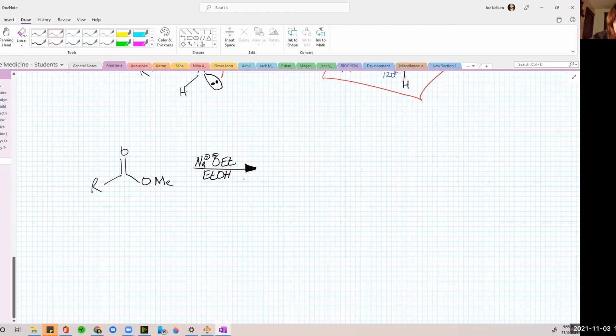Like from this first step right here. The negative charge on the O would want to hit the alpha carbon. So the alpha carbon, just FYI, would be this one. Oh, right, because it's next to it. Not the carbonyl. Yeah, the first carbon, the one that has the double bond with the O. So it's just going to be the carbonyl carbon.